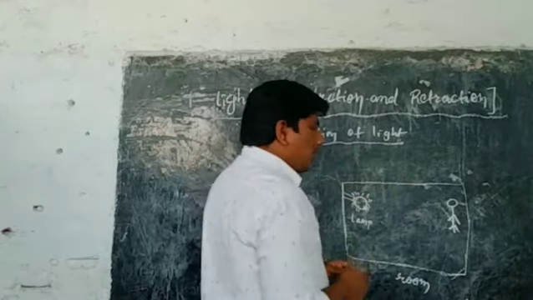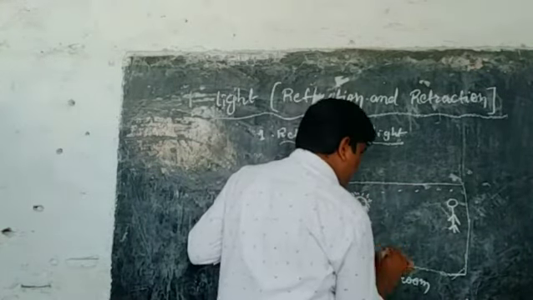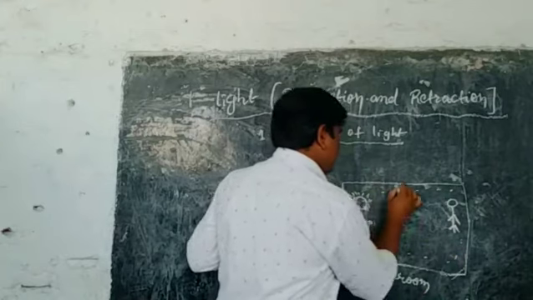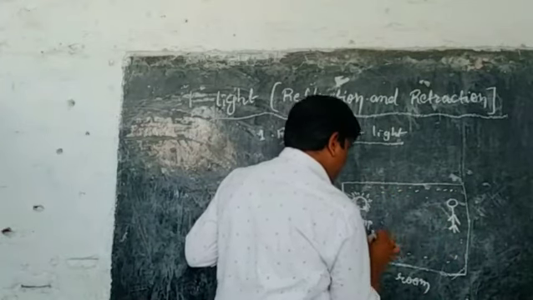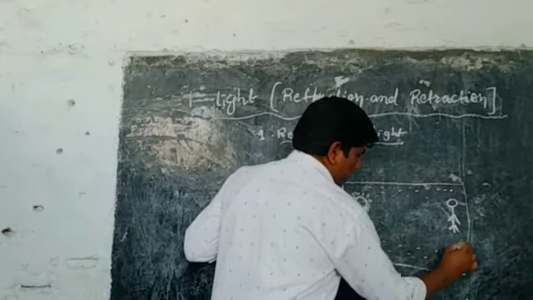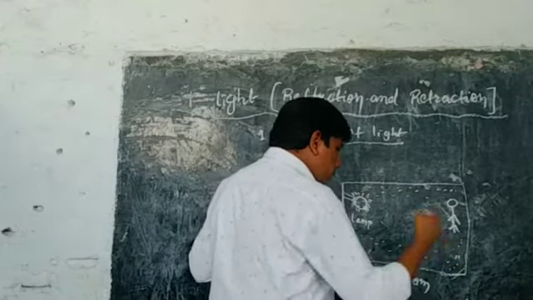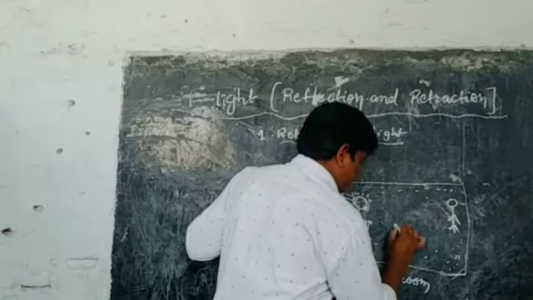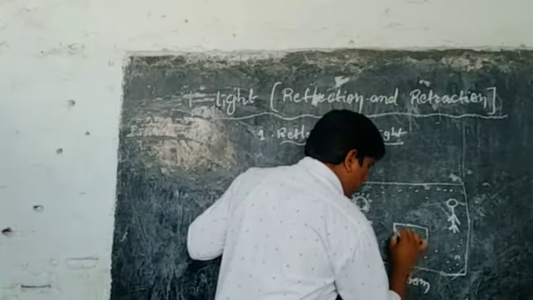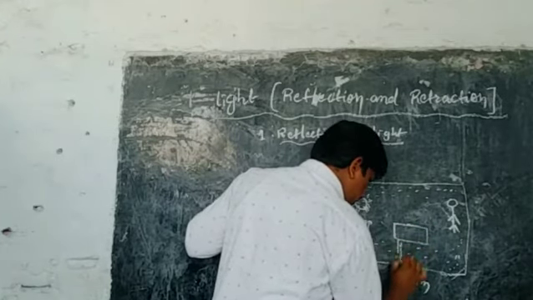And there are so many objects in that room, like book, pen, water bottle, calendar, some other things. One of the objects is a table.